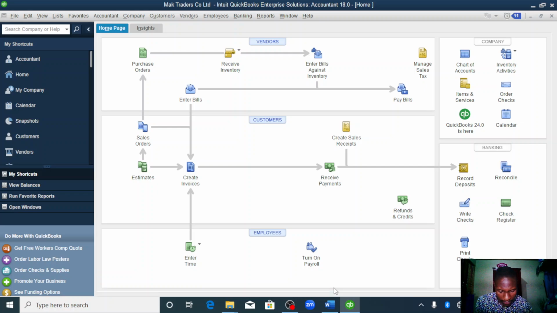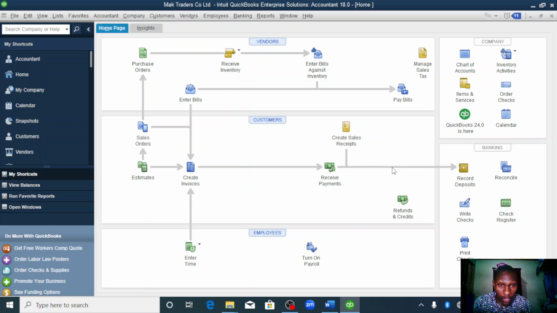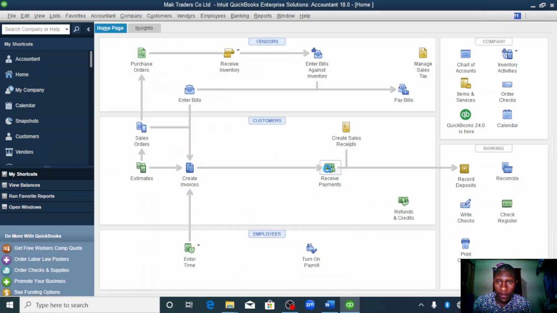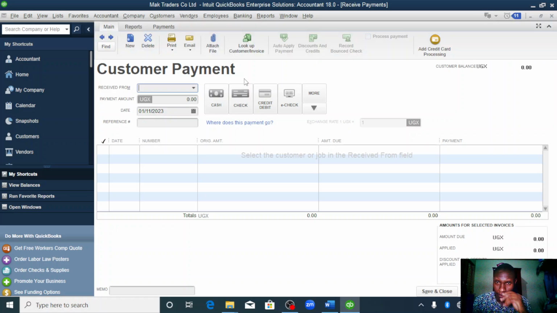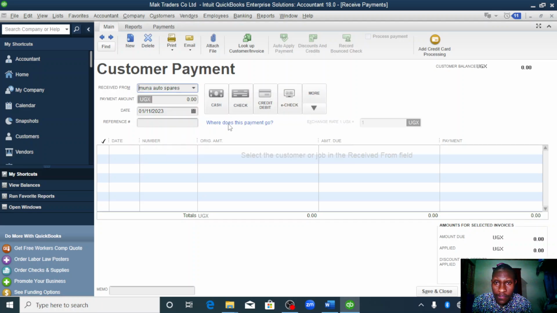But from the question, they are telling us sold these items by cash to Muna Auto Dealers at 2% discount. So we shall continue. We go to receive payments, received from Muna Auto Spares.